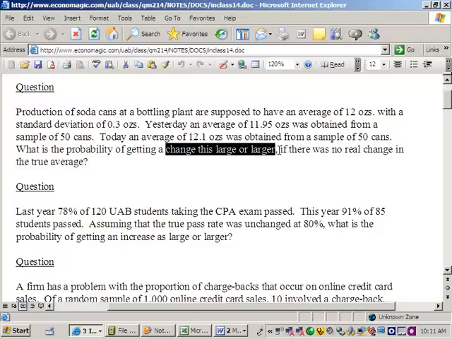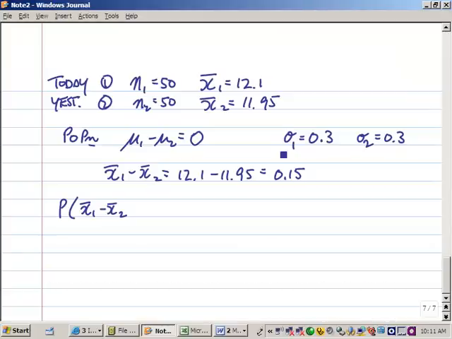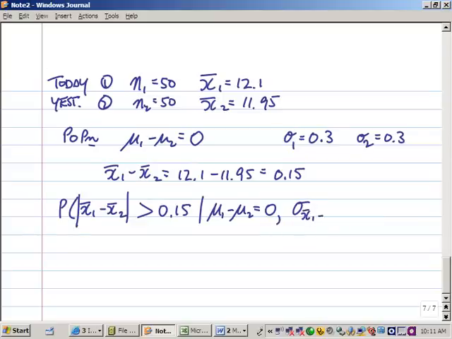Change is irrelevant of being up or down. So in this case, it's the absolute value greater than 0.15 ounces, and I'll show you on the diagram to make it clearer, where the mean of the normal distribution of sample differences is 0, and the standard deviation sigma sub x bar 1 minus x bar 2 needs to be calculated.